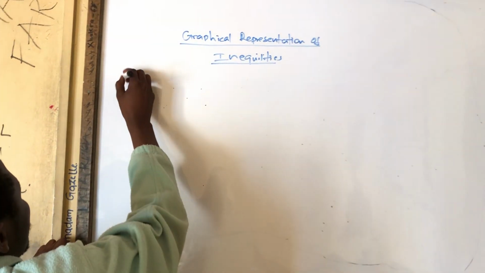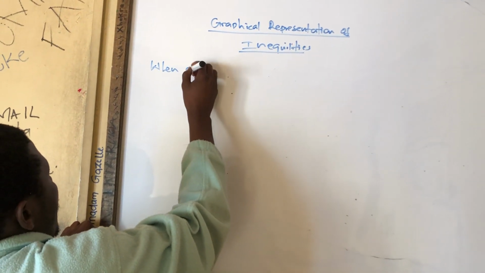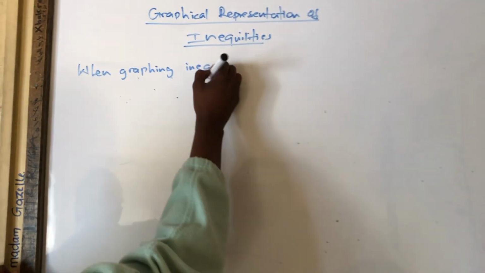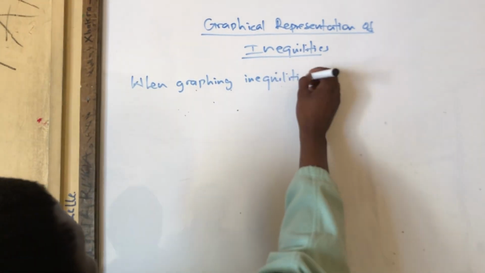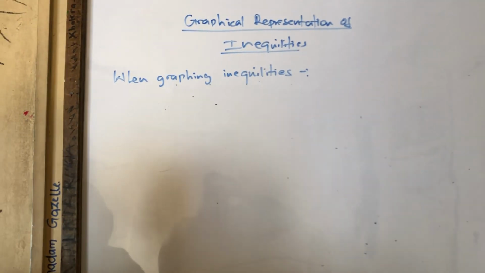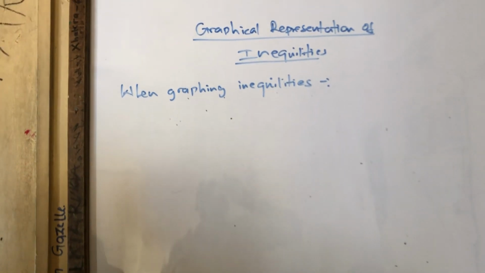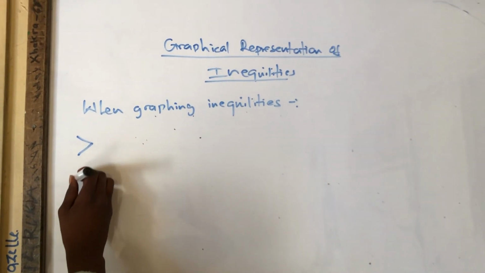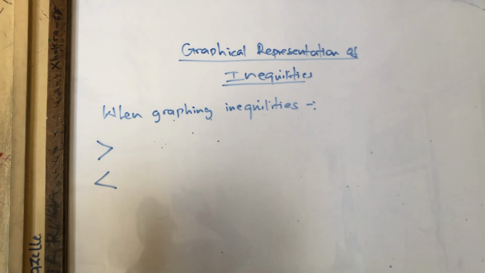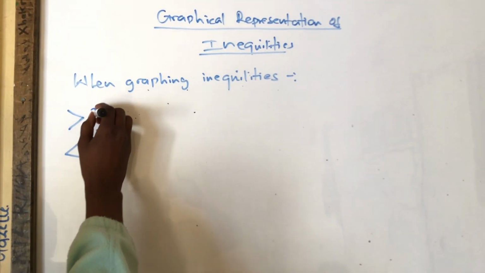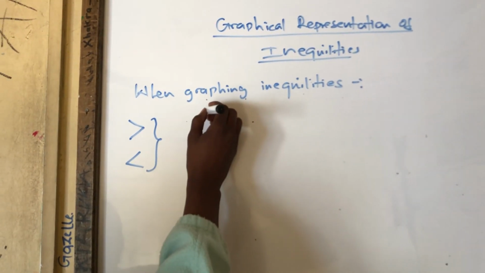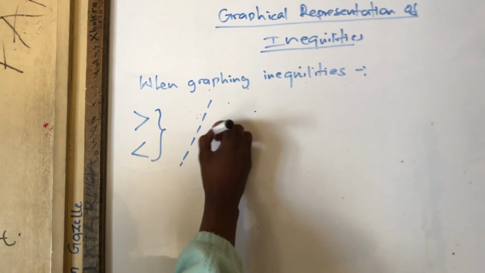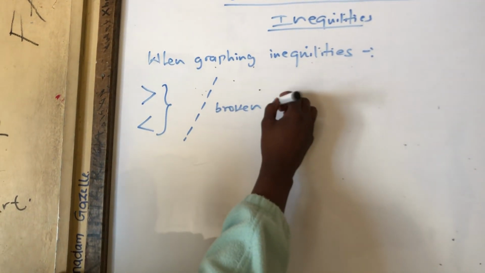When graphing inequalities, take note, these two symbols would call for a broken line. This is what we call a broken line.